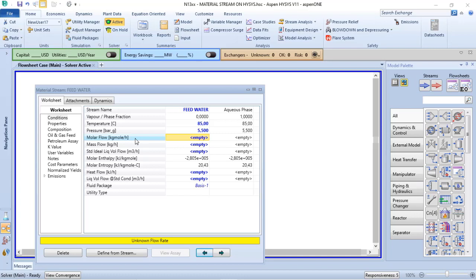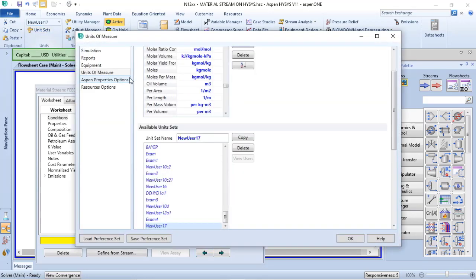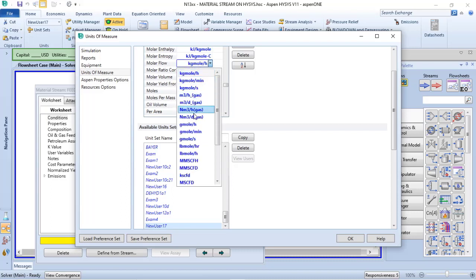or the molar flow, but not as kilogram mole per hour, but as normal cubic meter per hour or standard cubic meter per hour when we are talking about gases. So if I go to Unit Set, I can change the unit of measurement of my molar flow, and here I have a list of options for my process simulation.